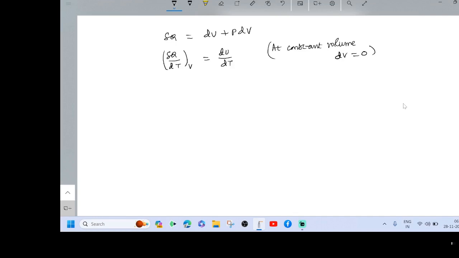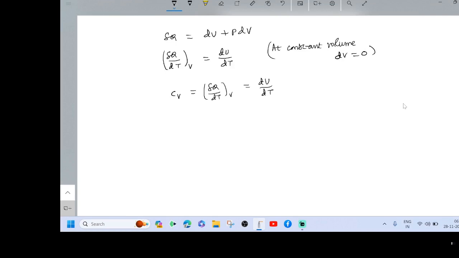We may write dQ = dU. Then dQ/dT = dU/dT. Here Cv = (dQ/dT) at constant V, which is equal to dU/dT. This is called the specific heat at constant volume.